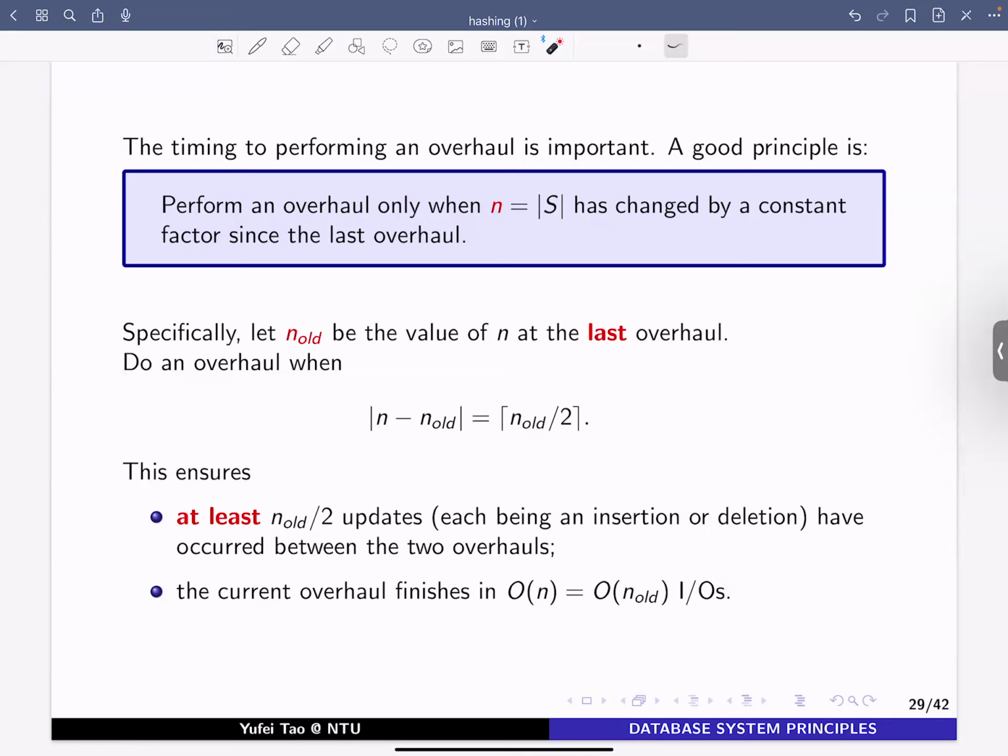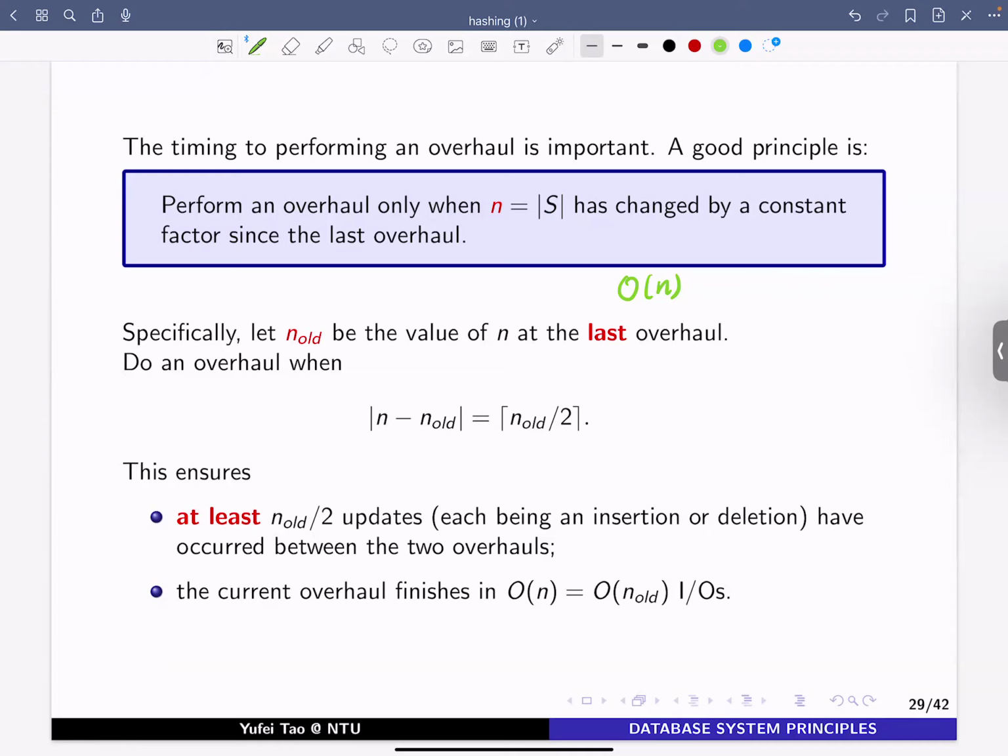So as I said, the good principle is that you perform this overhaul after this n has changed significantly. For sure, you don't want to perform the overhaul too often because each overhaul would take you a lot of time. Each overhaul would take you n IOs, and n is a huge number. You really cannot do this too often.